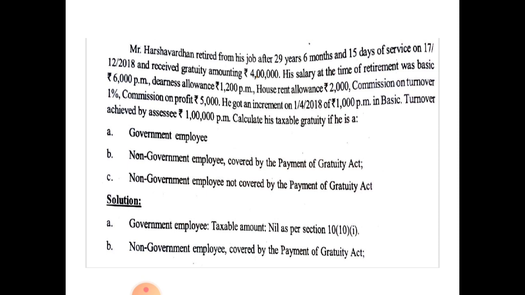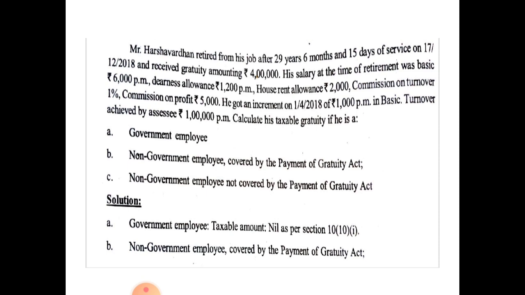He got an increment on 1st April 2019 of rupees 1,000 per month in basic only. Turnover achieved by SSC rupees 1 lakh per month. Calculate his taxable gratuity if he is a government employee, non-government employee covered by the Payment of Gratuity Act, and non-government employee not covered by the Payment of Gratuity Act.